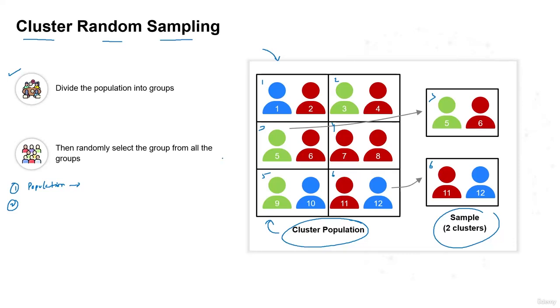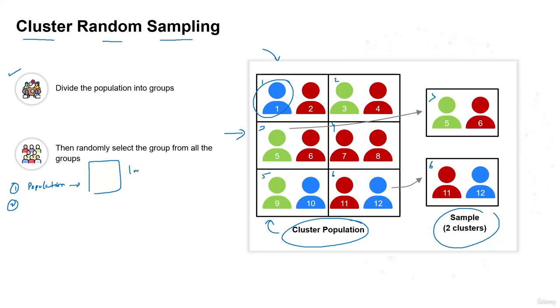Each cluster's population should be as diverse as possible. And there cannot be any repetition. That means if one person is a part of one cluster, that person cannot be a part of any other cluster. So each cluster should have a similar distribution of characteristics as the distribution of the population as a whole. Taken together, the clusters should cover the entire population.